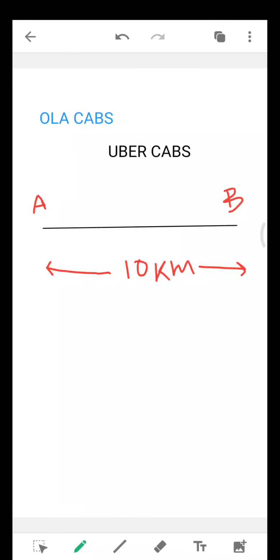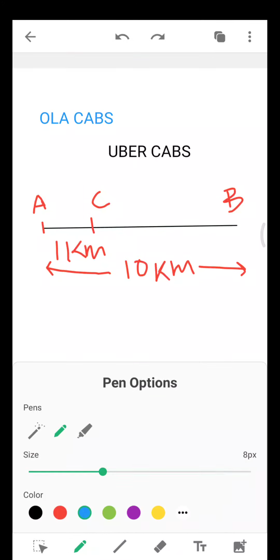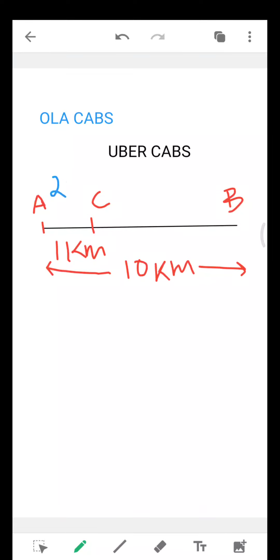So when you hire a cab, they will have a fixed charge for 1 kilometer or 5 kilometers. Suppose A to C is 1 kilometer, and the fixed charge for that is rupees 20. It is 20 rupees for 1 kilometer.